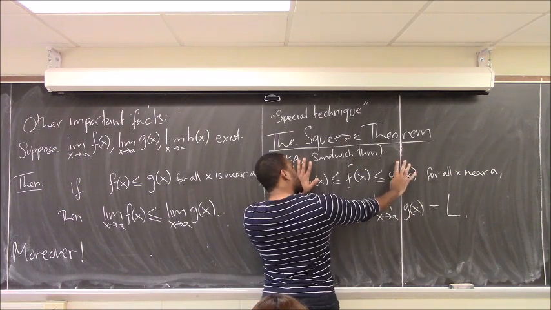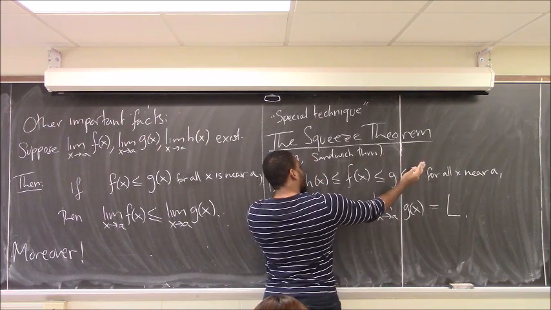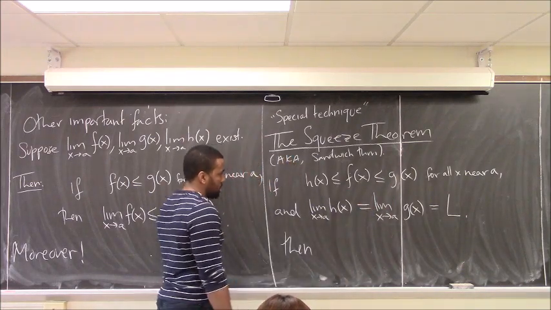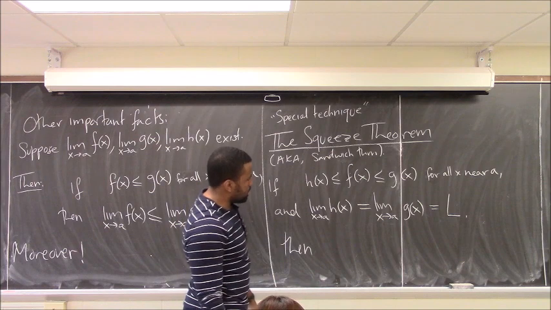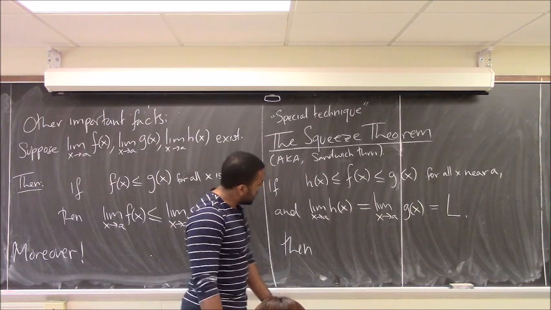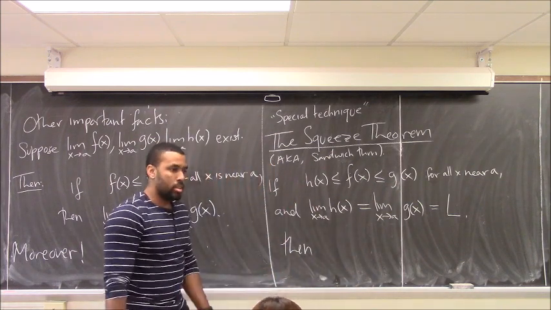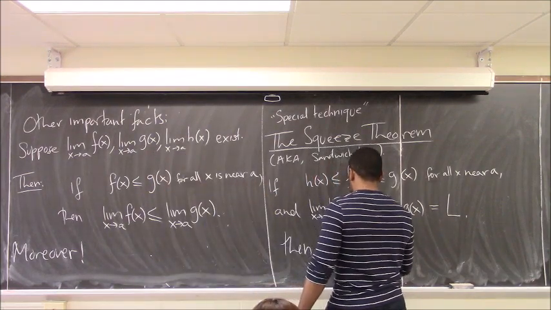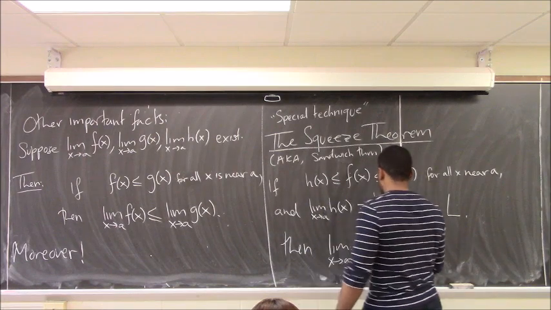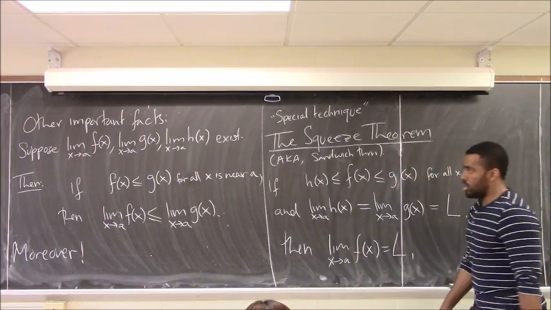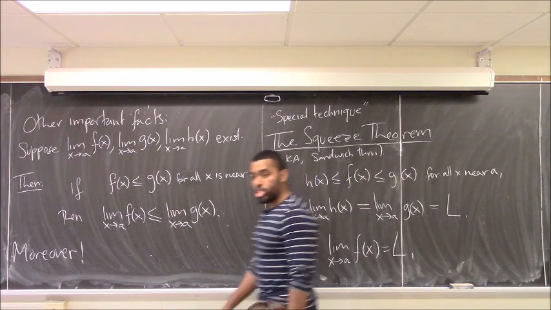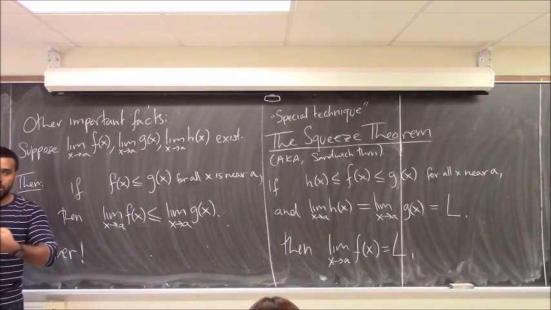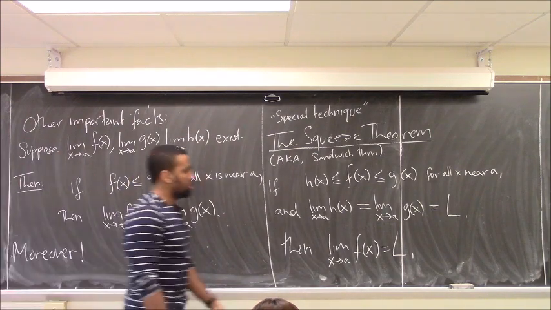And both ends I see going to L. So the limit of f is sandwiched between the two L's, or it's squeezed between the two L's. So you end up in a situation where you see that the limit of f is less than or equal to L, and at the same time is greater than or equal to L. The only way to reconcile that is that the limit of f must be L itself. This idea is called the Squeeze Theorem. If I know what's going on at the endpoints and they're the same number, anyone in the middle is forced to also be that number.